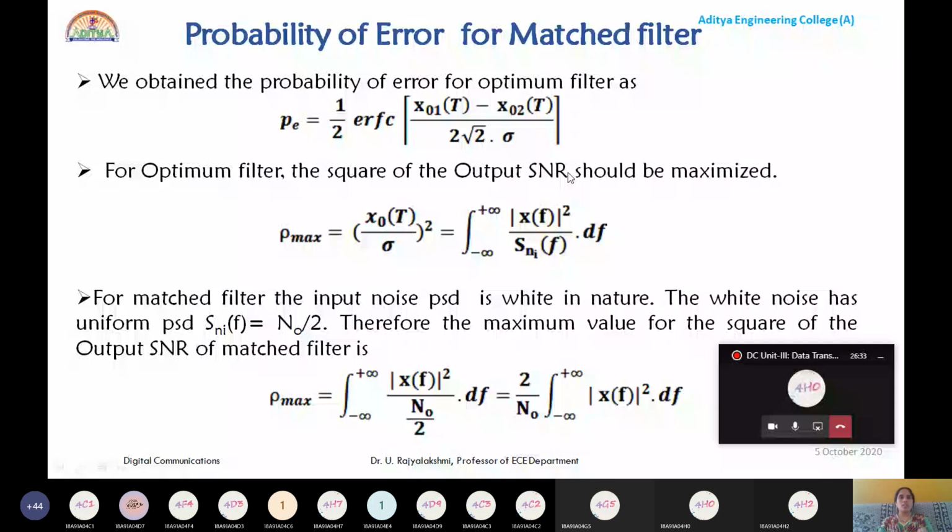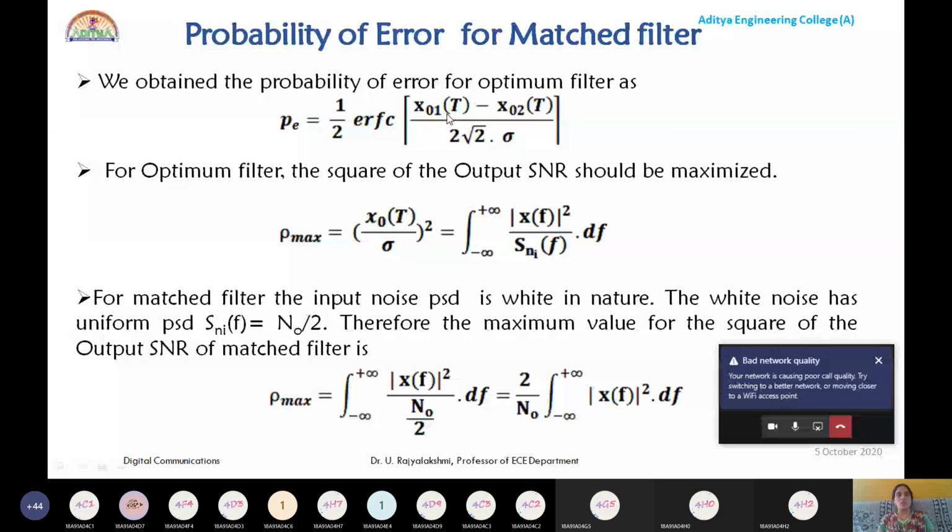Every time we'll take the probability of error for the optimum filter, because our intention is to attain the optimum SNR, that is the highest SNR, so that we can reduce the probability of error. Have we calculated the two thresholds, upper threshold and lower threshold, based on the assumed threshold value as the average of the two output signal levels?